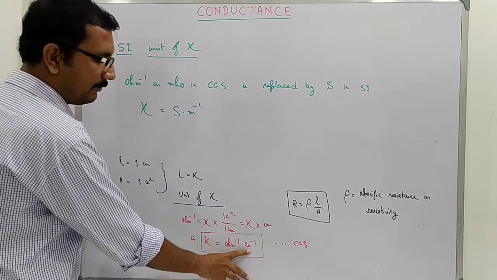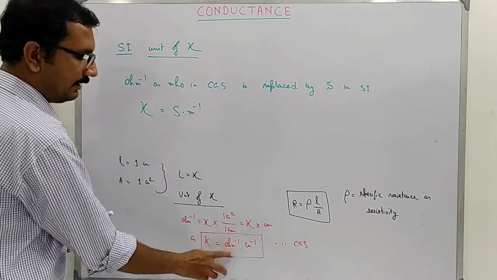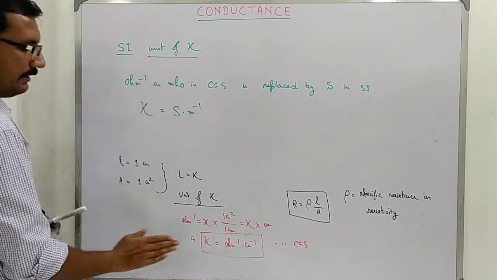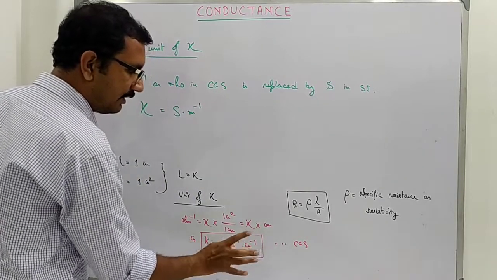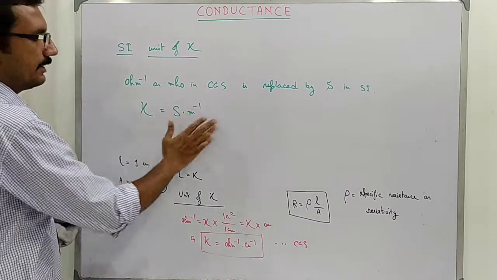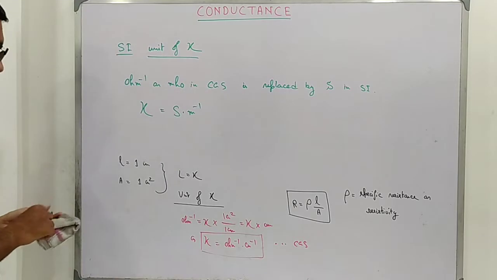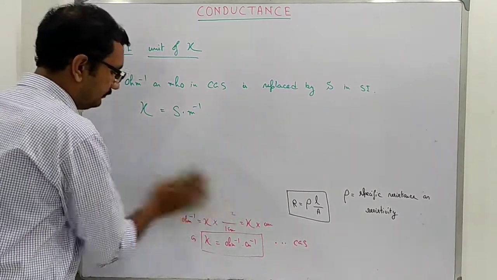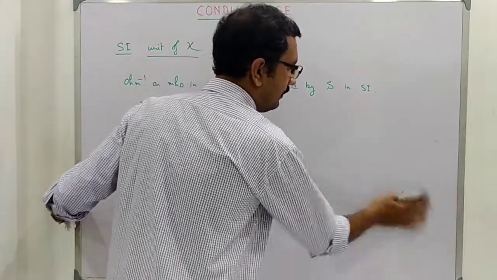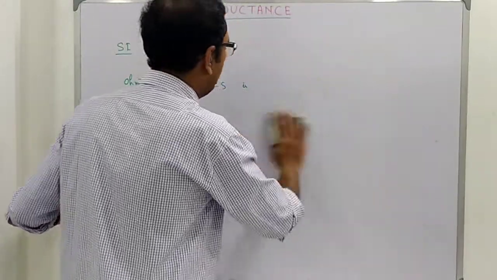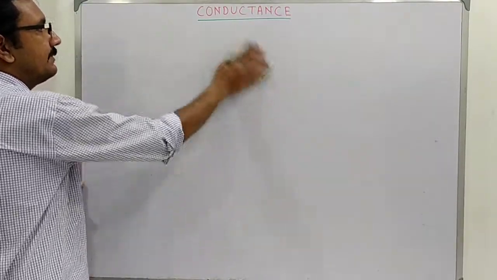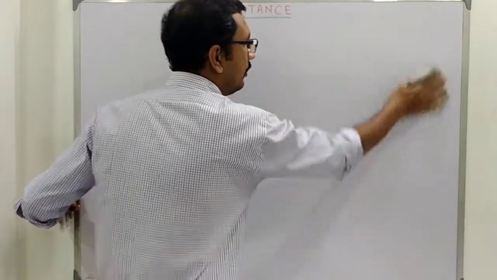This centimeter will be replaced by meter, so it will be meter inverse, and this ohm inverse will be replaced by Siemens. So, the unit of kappa in CGS is ohm inverse centimeter inverse or mho per centimeter, and in SI it will be Siemens per meter. So, we have the definition of resistance, specific resistance or resistivity, conductance and specific conductance or conductivity of any conductor.